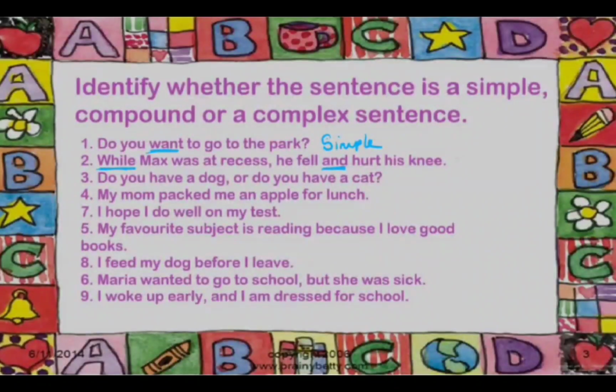So this is a combination sentence and hence it is a compound-complex sentence. Do you have a dog or do you have a cat? We have two clauses joined by the conjunction or. Hence, this is a compound sentence.